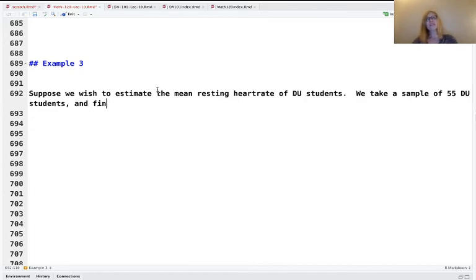And find a mean resting heart rate of, how about, 64.3. Standard deviation is, how about 5.8. The units here are BPM, beats per minute for heart rate.